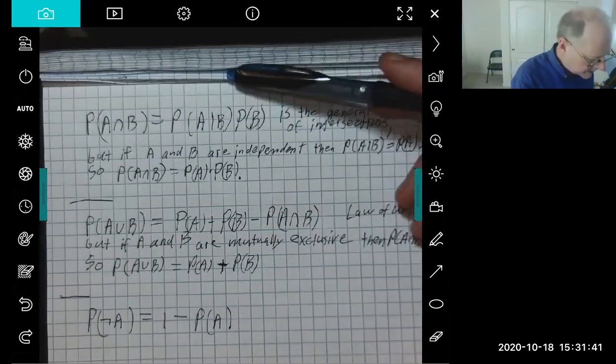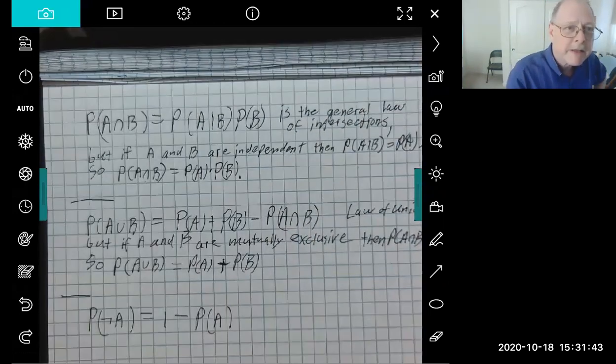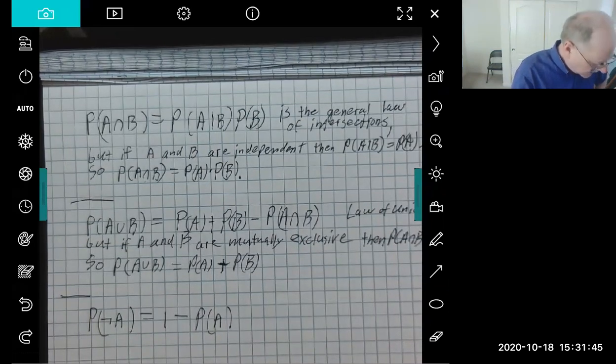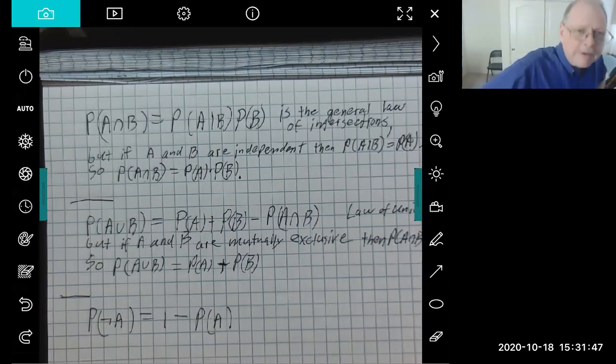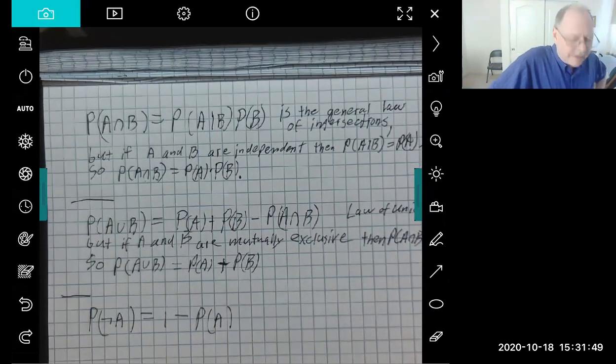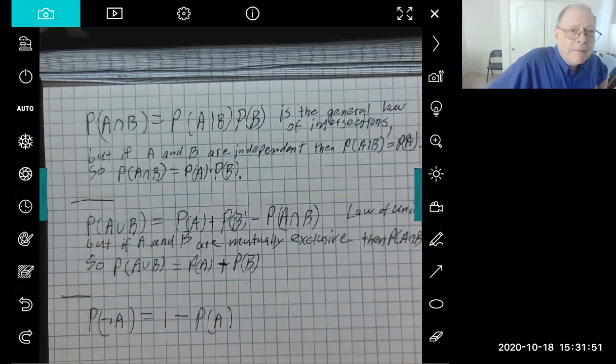And so this set of probability laws will get you through almost all the problems in the exercises. Now, there are a couple of things that you'll need to know.